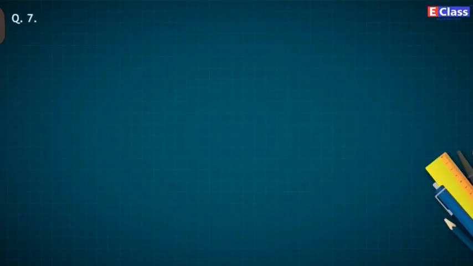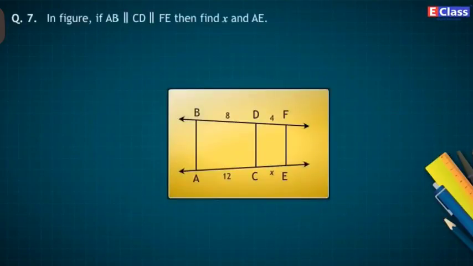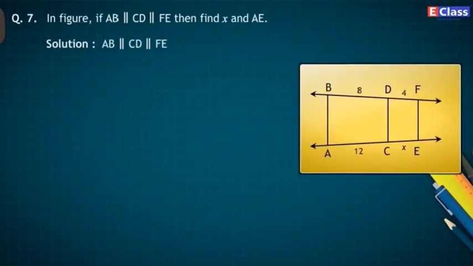Question number 7. In figure, if AB is parallel to CD, which is parallel to FE, then find X and AE. Solution: AB is parallel to CD, which is parallel to FE. Hence, BD upon DF is equal to AC upon CE.